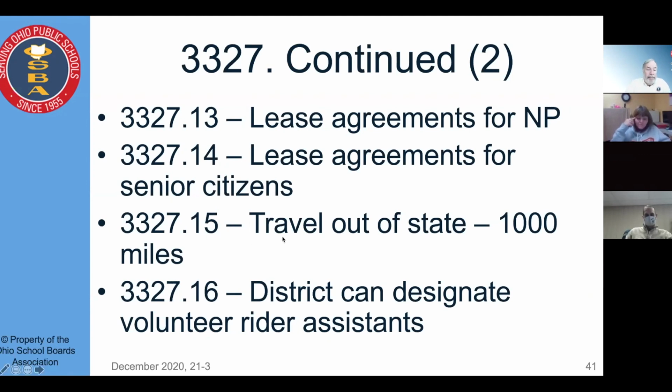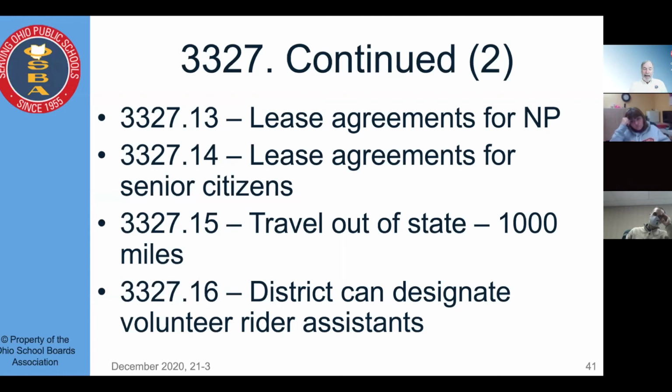332715 is the one that says you can't go more than 1,000 miles out of state on a bus. So let's be real clear about the context here. It's a 1,000-mile travel limit outside of state. So if you're in Cleveland and you want to go to Lexington, the first 300 miles in Ohio doesn't count.